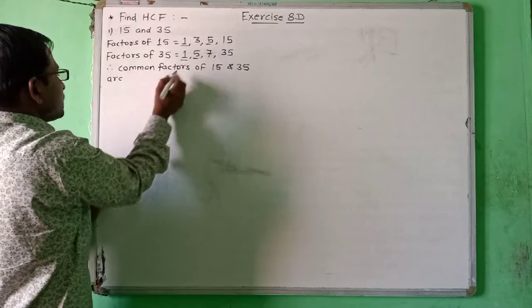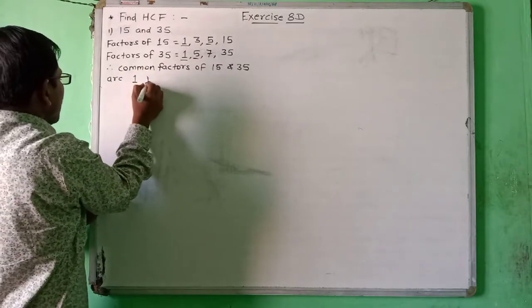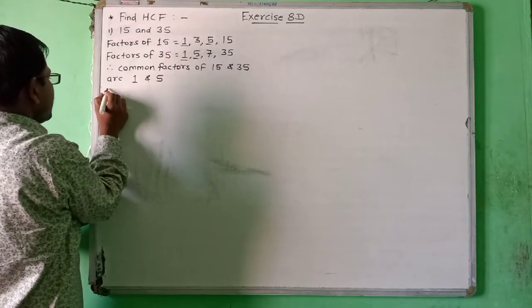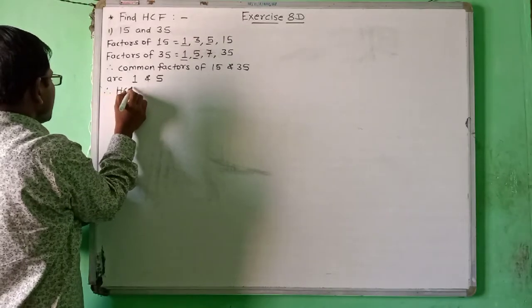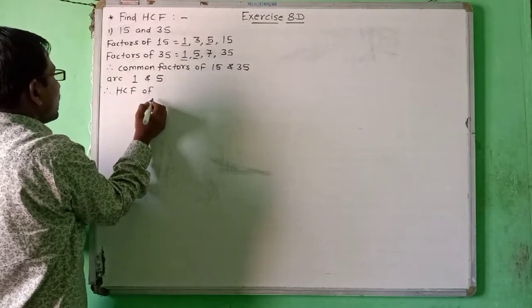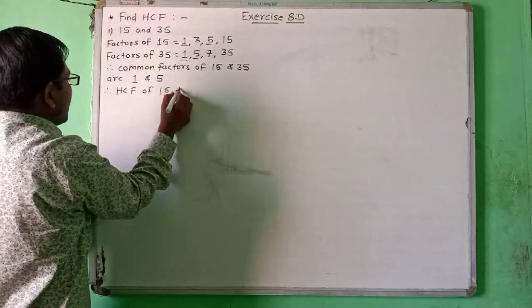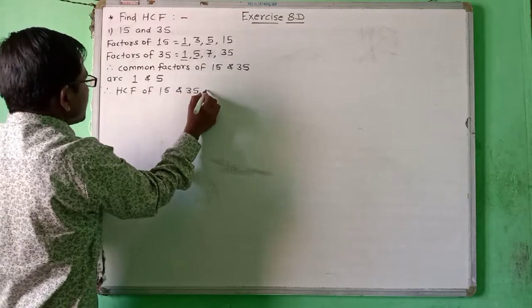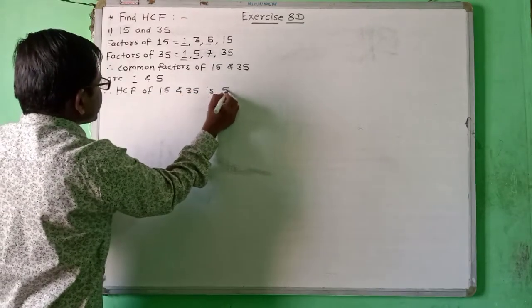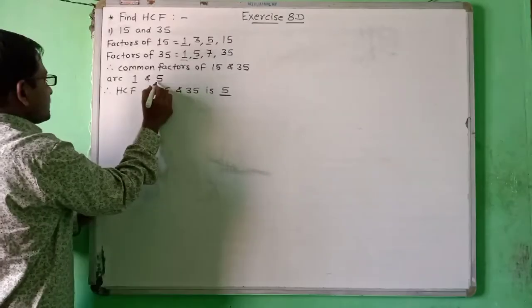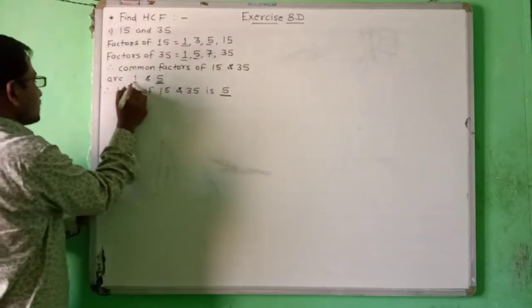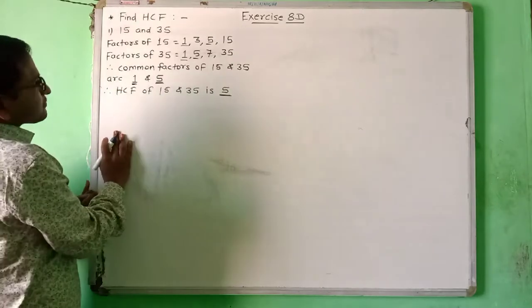Here there are only 2 common factors, 1 and 5. So write here, therefore the highest common factor of 15 and 35 is 5. The highest common factor is 5 and the lowest common factor is 1.